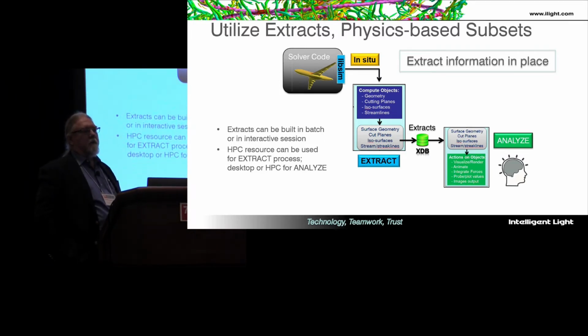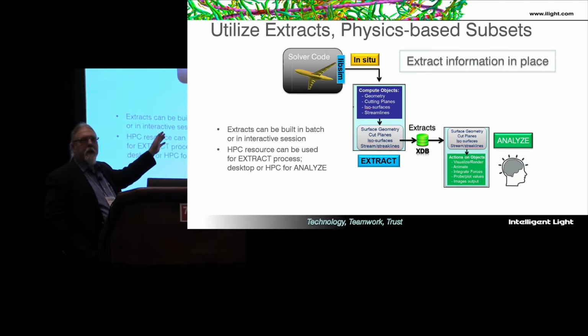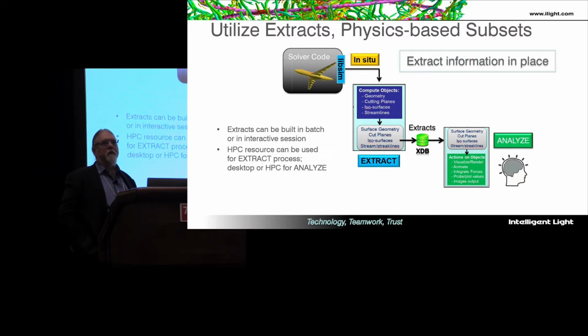And we've done it a lot for people who have in-house codes at gas turbine manufacturers, aerospace companies in Japan, NASA and JAXA. The idea is that you reduce the number of volume files you have to save, so you get around the disk problem by simply not creating a mess for yourself. These extracts can be 1,000 times smaller than the volume file.